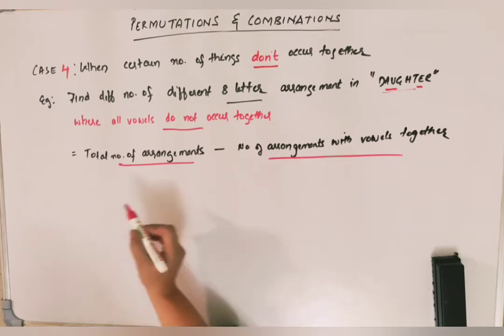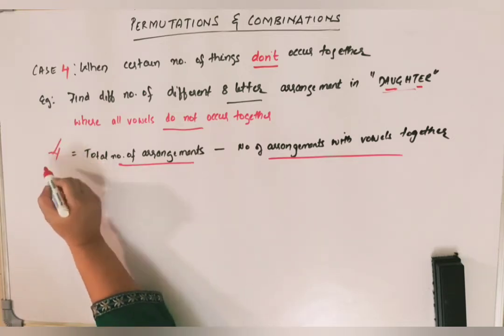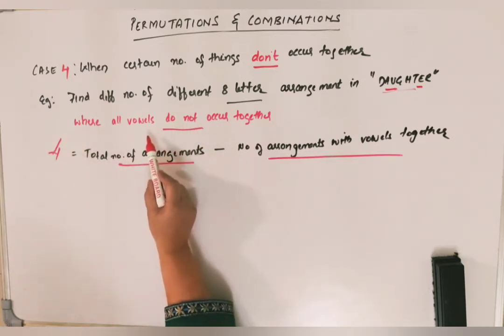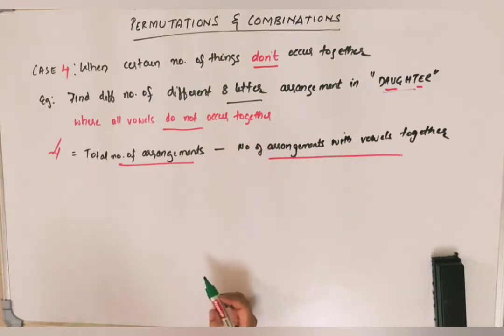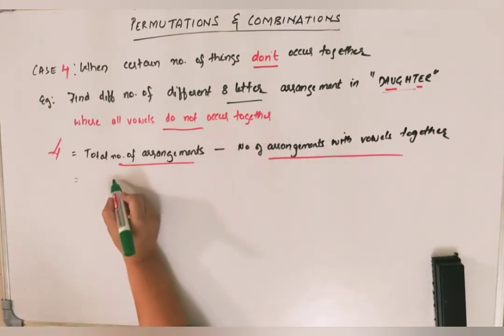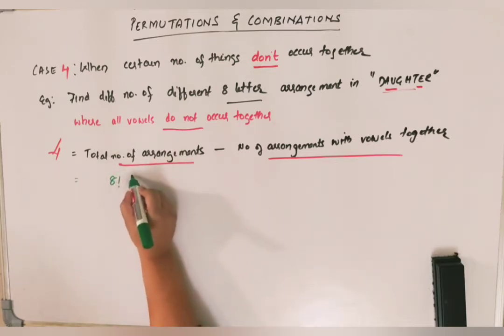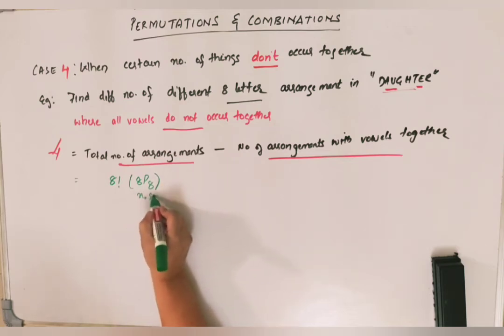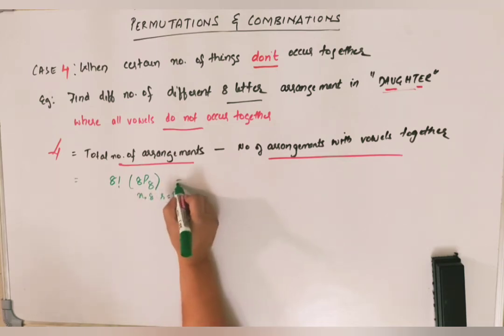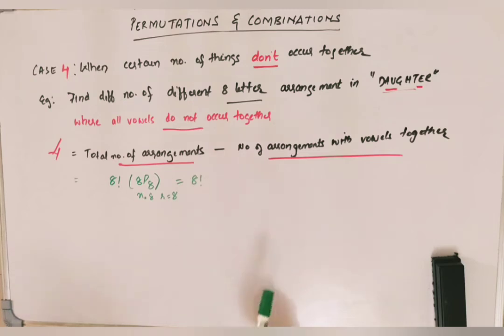We subtract them and then we get the number of arrangements where all vowels are not together. So what is the total number of arrangements? We have 8 letters. So arrangements with 8 letters would be 8 factorial. That is nothing but 8p8, because we are going to form an 8-lettered word using 8 letters. So 8p8, n is equal to 8 and r is equal to 8. And what is 8p8? Nothing but 8 factorial.